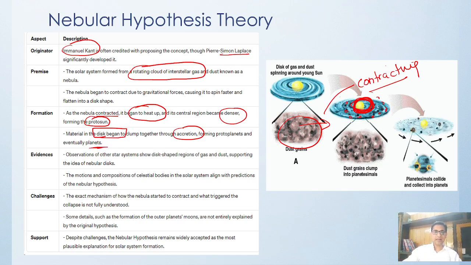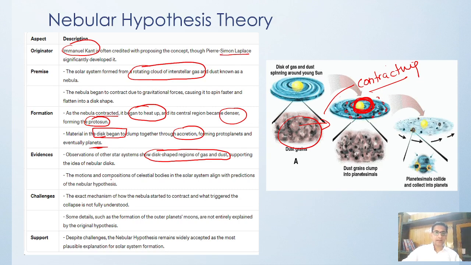You can see the disk-shaped region of gases and dust around stars and planets. That means if that is there now, it has to have been present during that time also, right?